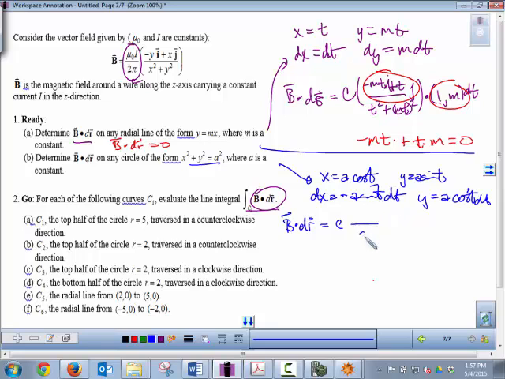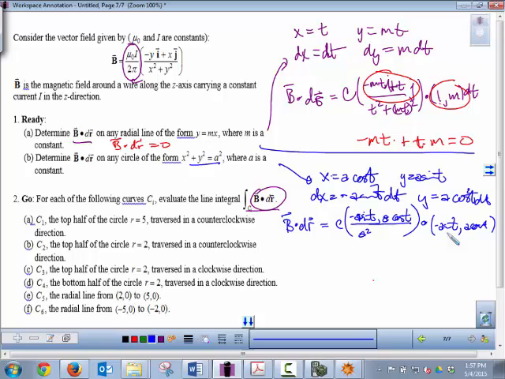You have x squared plus y squared in the denominator, and then you have minus a sine t in the i component, and then positive a cosine t in the j component. And then we dot that with minus a sine t, positive a cosine t.